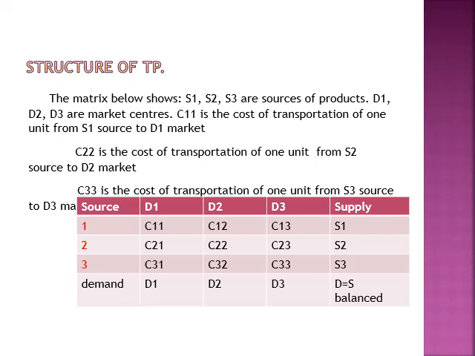One look at the structure of the transportation problem. The matrix below shows, on the right side, the column S1, S2 and S3, the quantity of supply.